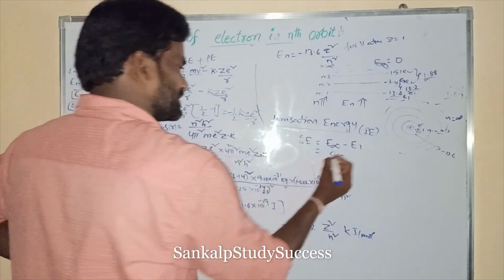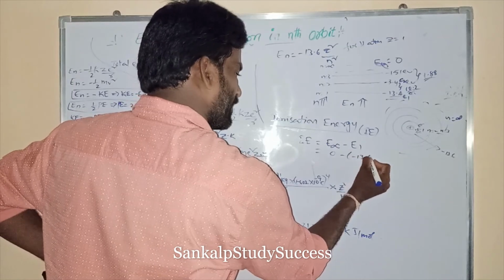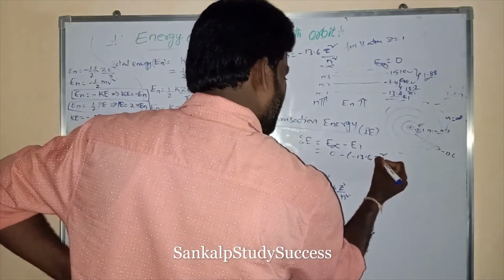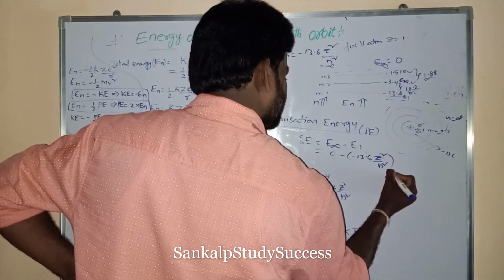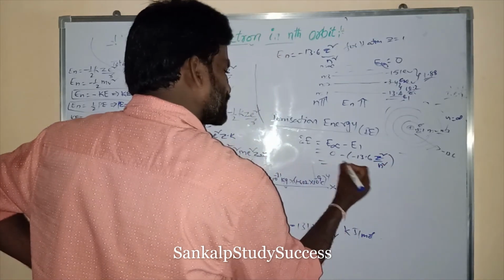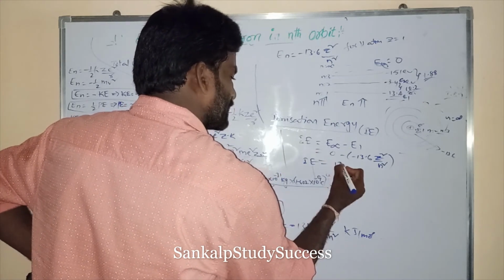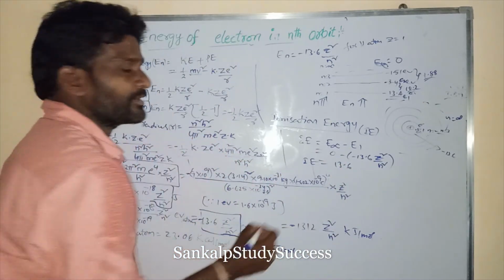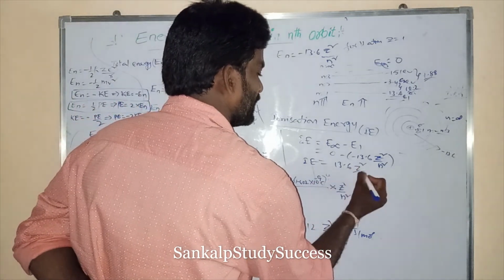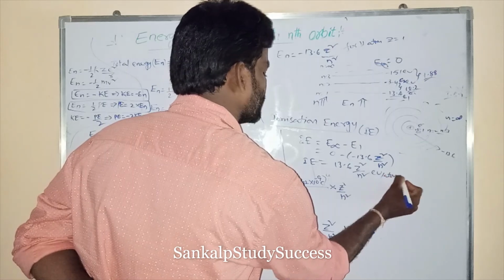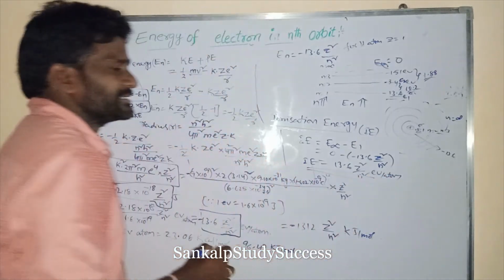What is the value of the energy? E1 is minus 13.6 into Z square by n square, so minus into minus gives plus. Ionization energy IE is equal to 13.6 into Z square by n square electron volt per atom. So this is the formula of ionization energy.